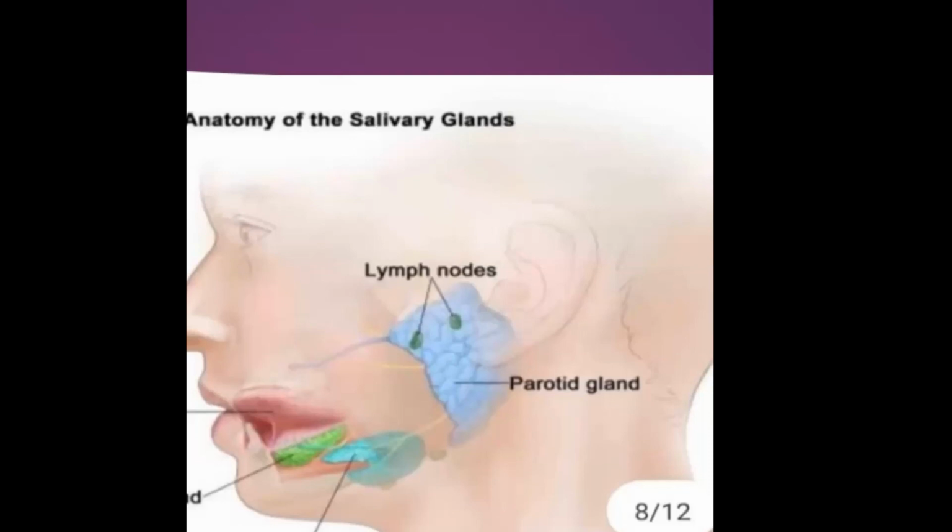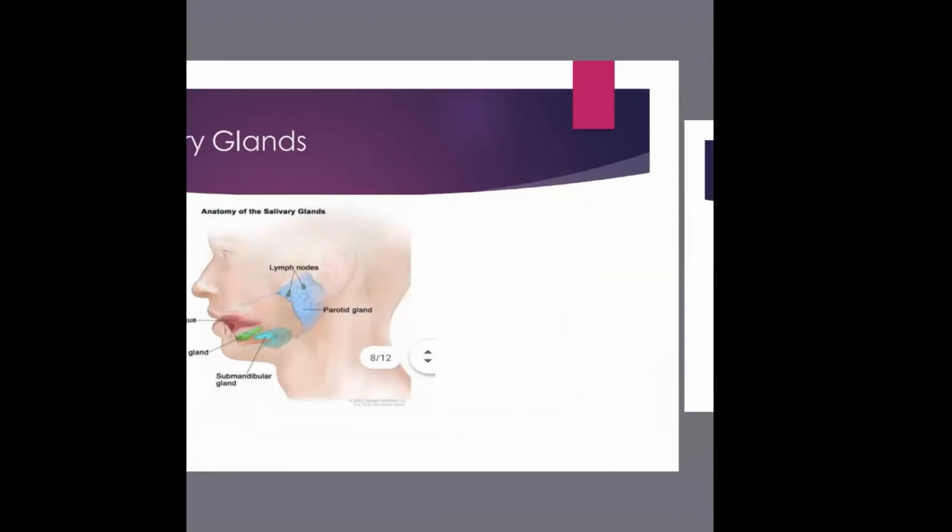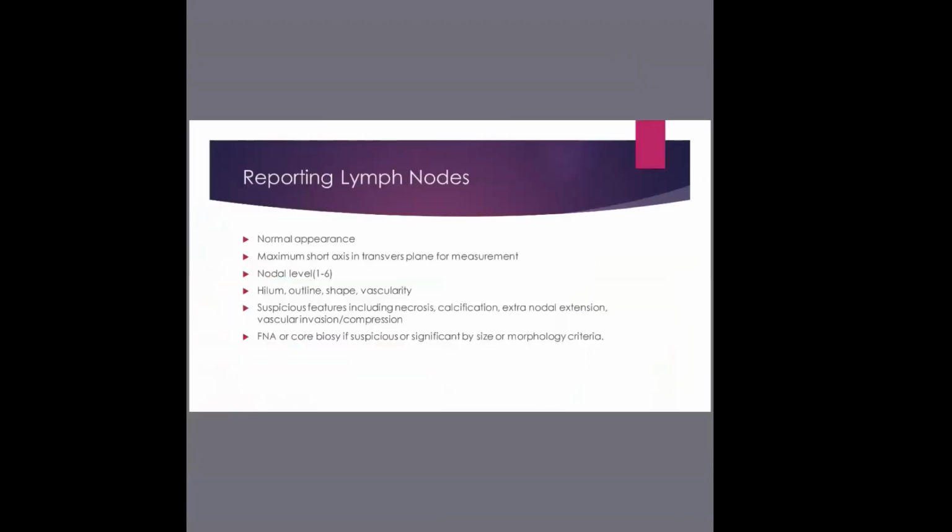But for a white person who hasn't traveled, the first thing that comes to our mind is SCC, squamous cell carcinoma, maybe metastasis. So it's very important to also know the configuration of a lymph node.